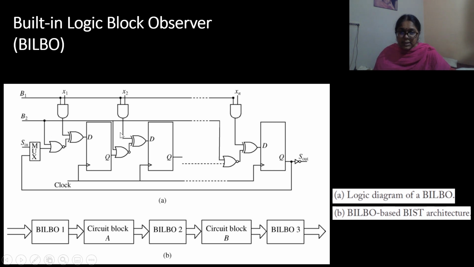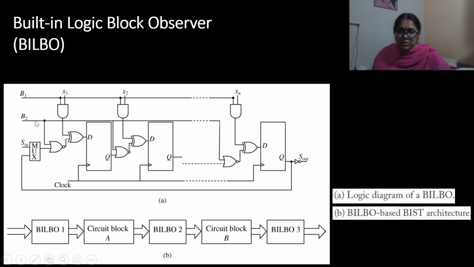So you will have x1 XOR 0, which gives x1 as the input, x2 XOR 0, which gives x2 as the input, etc. xn XOR 0, which is xn at the input of the D flip-flops. So x1, x2, etc. xn will be clocked into the D flip-flops of the shift register. In other words, it is acting as a latch.